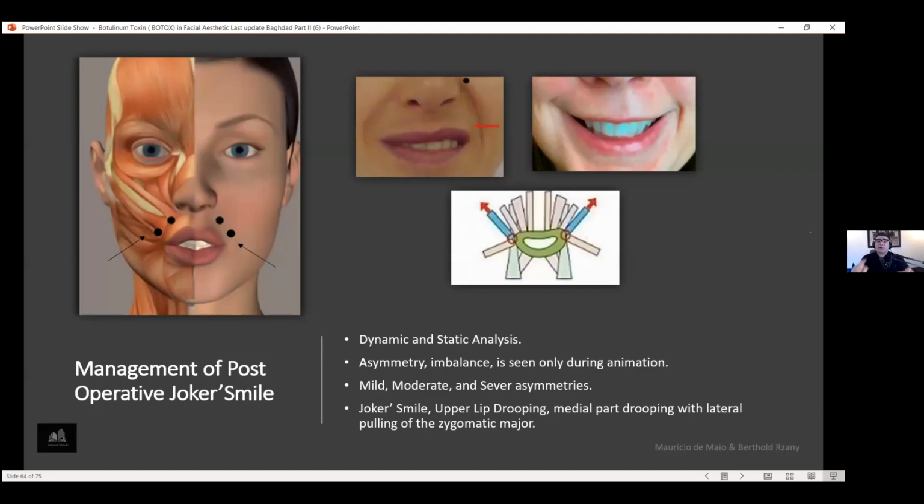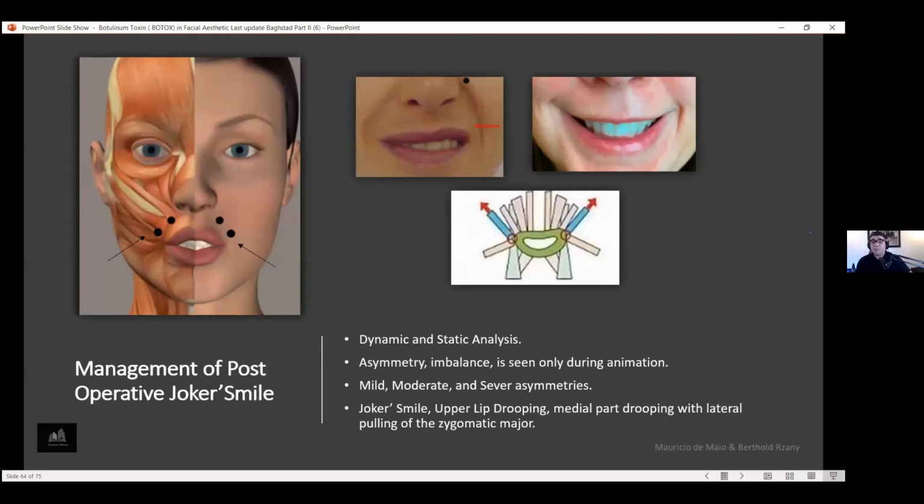Is it possible to do the two points together? Of course. You can use the high level point and the lower level point to avoid this joker's smile or asymmetry or imbalance.